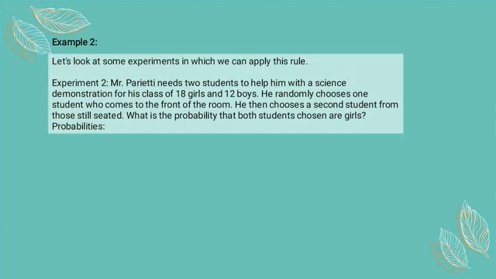Next, example 2. Let's look at another experiment in which we can apply this rule. Mr. Parietti needs 2 students to help him with a science demonstration for his class. The class consists of 80 girls and 12 boys. He randomly chose one student who came to the front of the room.